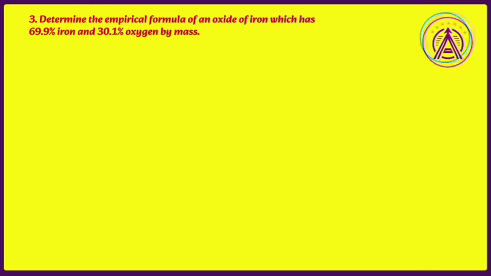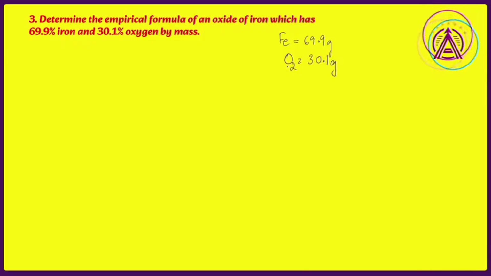So 69.9% of 100 grams, for iron, is nothing but 69.9 grams itself. Similarly, for oxygen, it is 30.1 grams.